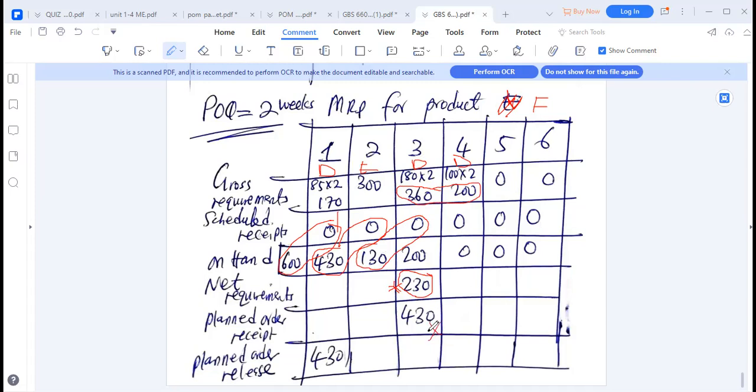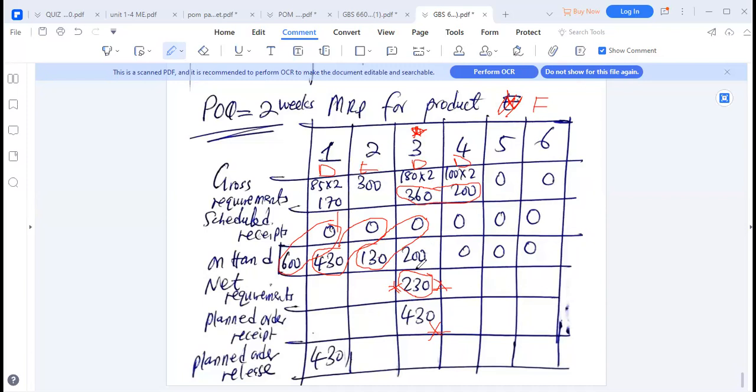This is our order receipt. This is where the 430 is coming from. It means in that week when we have a problem with net requirement in week 3, we have a shortage of 230, 130 plus 0 to meet the demand of 360. We can't.